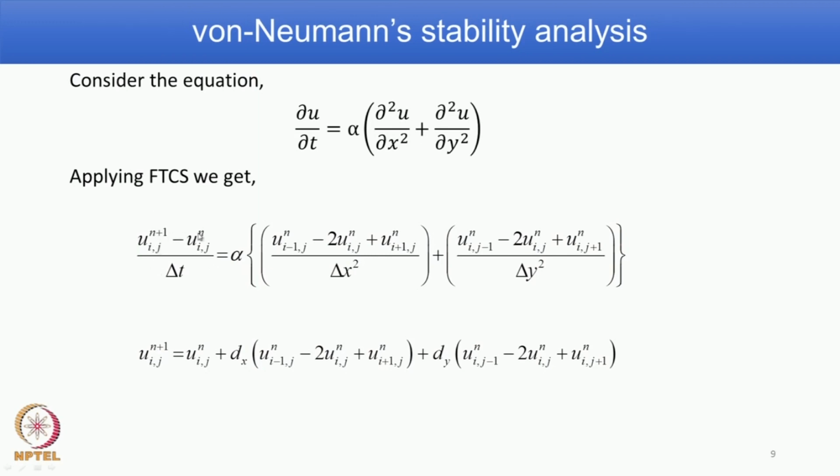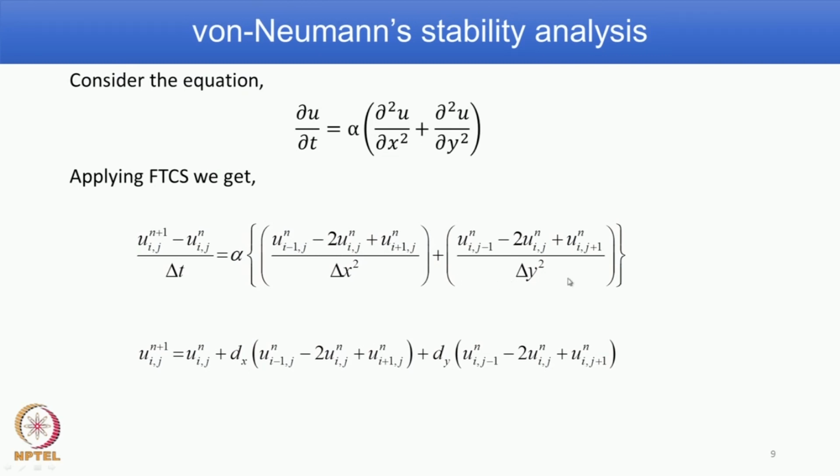So, n plus 1 and n appear, and on the right hand side we have central in space now applied for the x direction as well as the y direction. The first term in the bracket is for the second derivative in the x direction. You can observe u evaluated at i minus 1 comma j, u at i comma j, u at i plus 1 comma j, but all at the nth level.